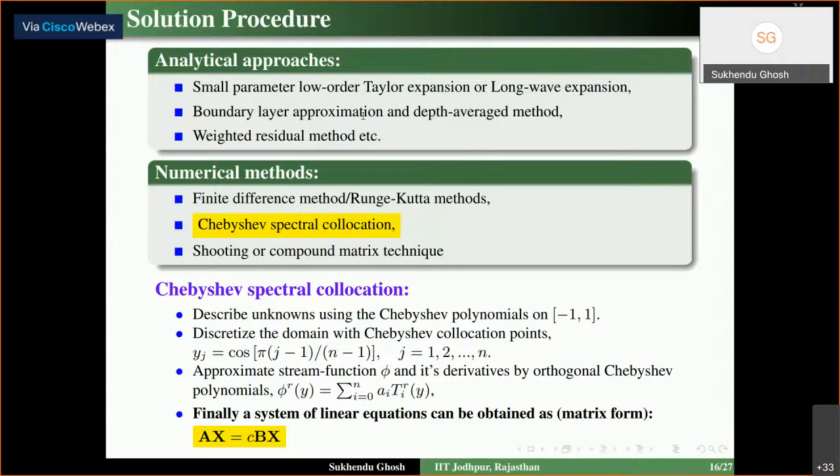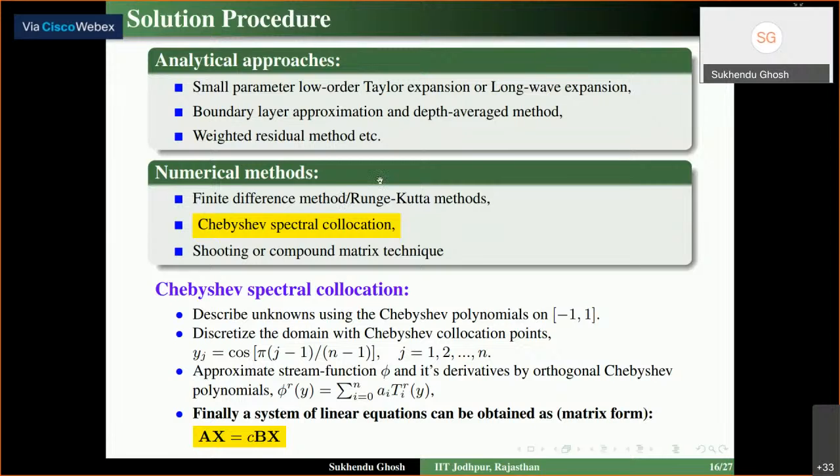But these are very complex methods, and for a complicated problem you cannot apply the analytical method directly. The other possibility is to apply numerical methods, like the RK method or the Euler modified method, which can help you solve the fourth order ordinary differential equation, which is the final equation for our system.